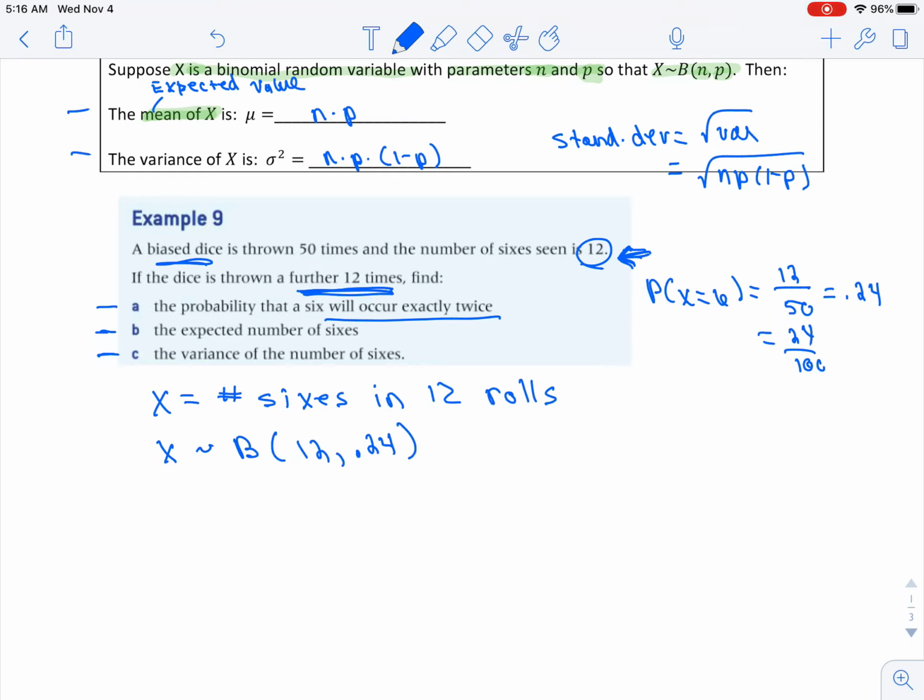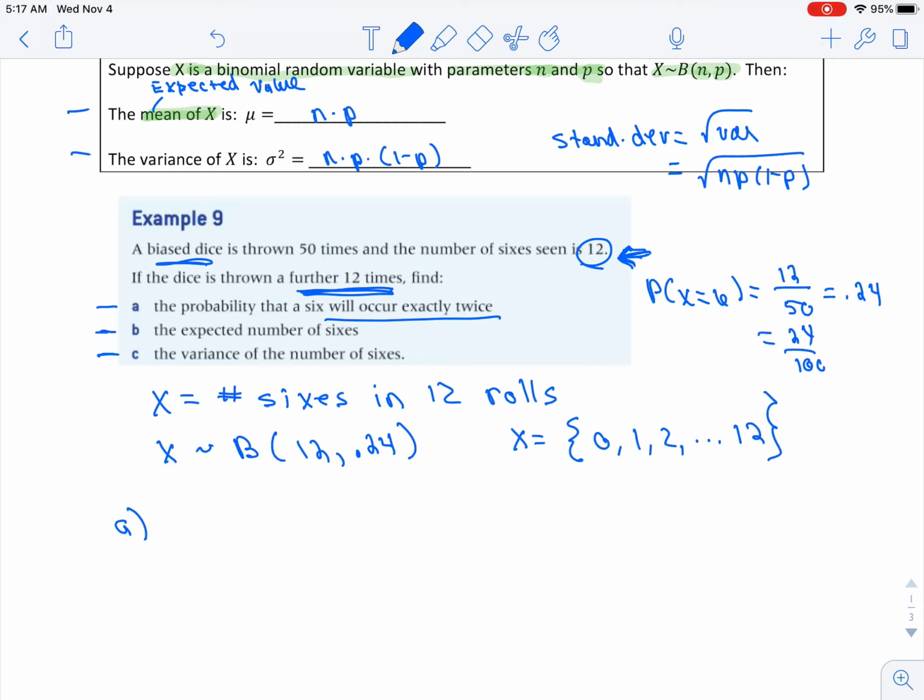In other words, they didn't outright tell us what the probability is. They gave us data from an experiment so that we could figure it out for ourselves. And we might also mention the sample space. So X could be the number of sixes: 0, 1, 2, 3, all the way up to 12, if we're rolling it 12 times.